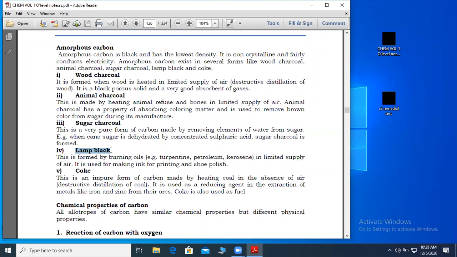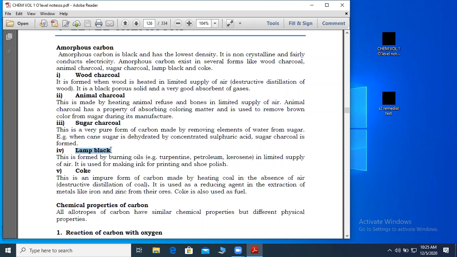There is this lamp that uses paraffin and it has some glass on top. So when you use that paraffin lamp for some time, you'll find that the glass, after like a week, is covered by some black substance. That black substance is like soot. That black substance is called lamp black.